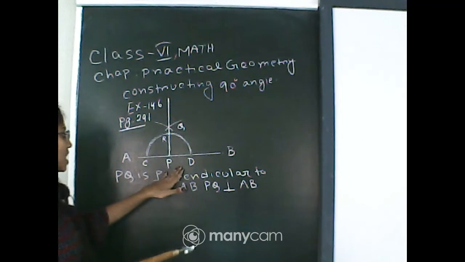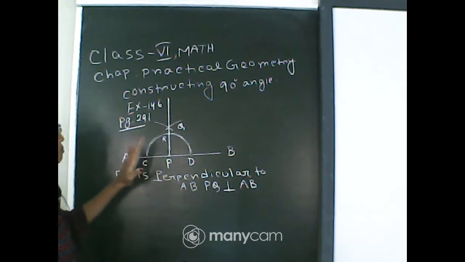We have already constructed 90-degree angle. Now we bisect it.